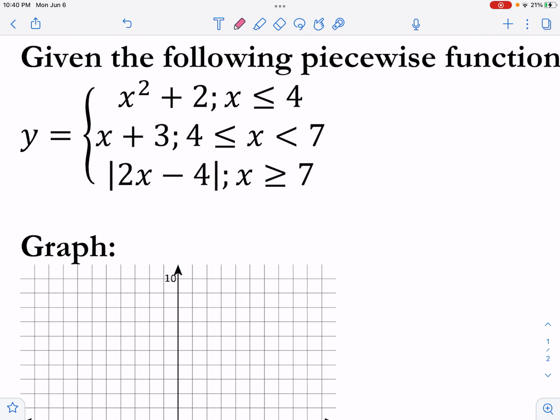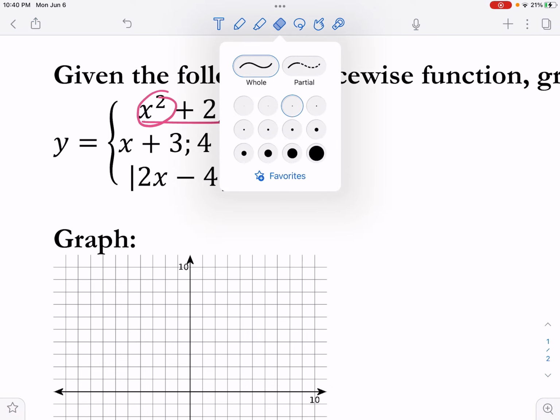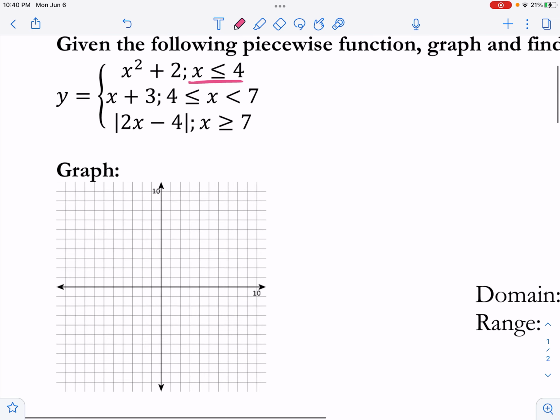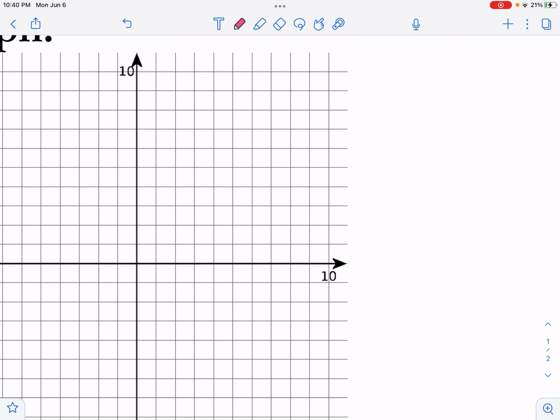So if we look at our first function, we know it's a quadratic because of the square. And so our first step here is to graph the domain. Since x is less than or equal to 4, I'm going to draw a dotted line on 4.